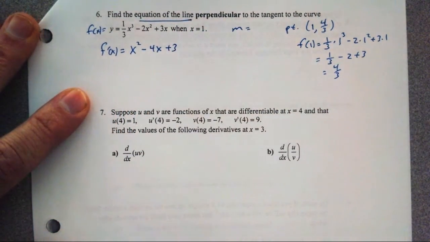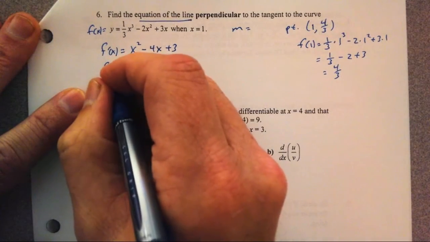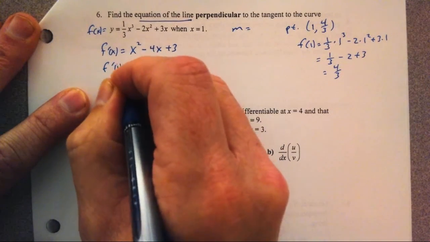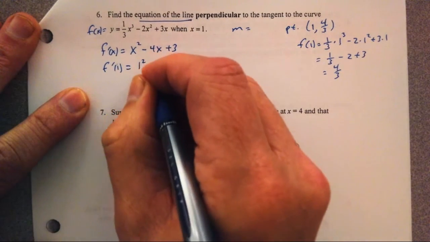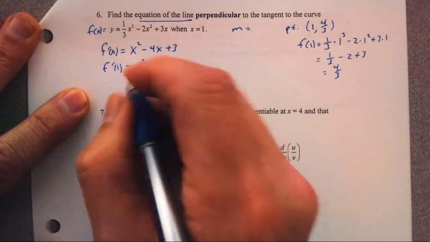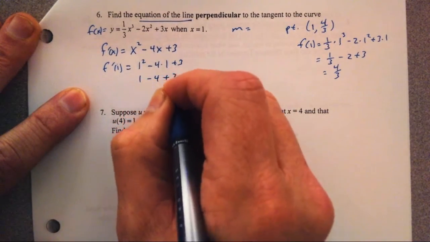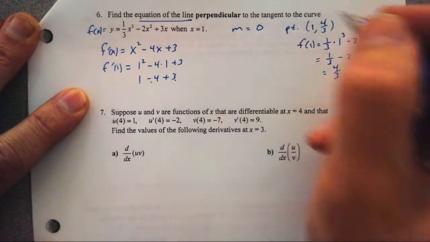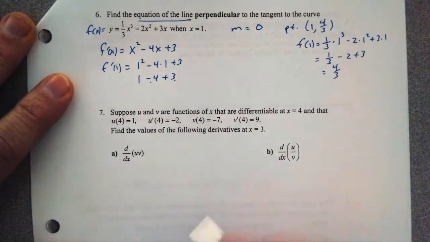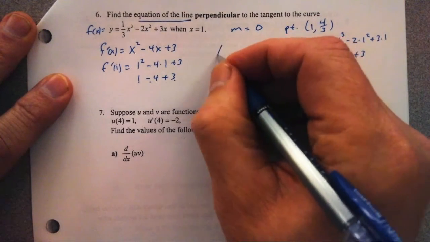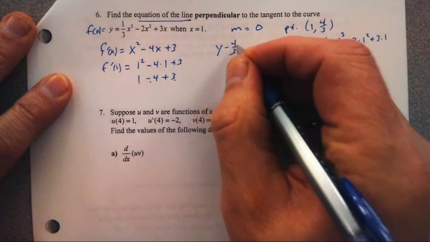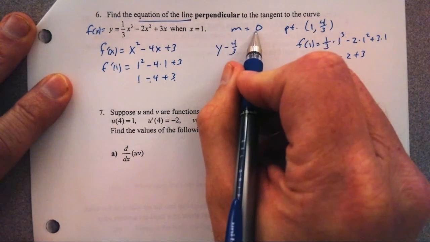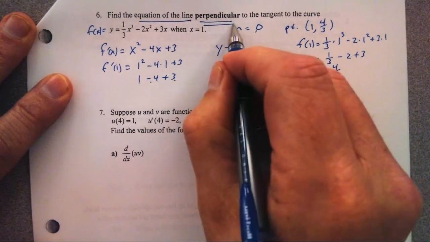There's my slope formula, but I want my slope when x is 1: 1 squared minus 4 times 1 plus 3, or 1 minus 4 plus 3, or 4 minus 4. Slope is 0, so right now I would want to say my equation is y minus 4/3 would equal 0, except I want perpendicular.